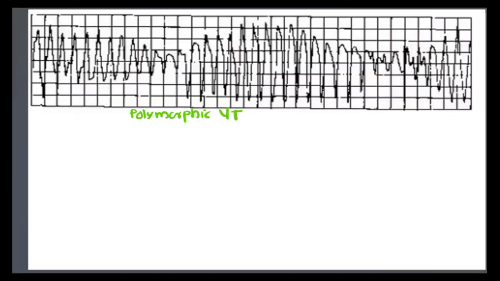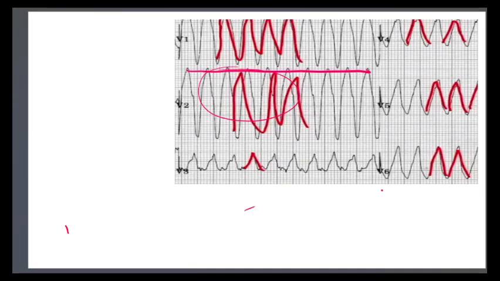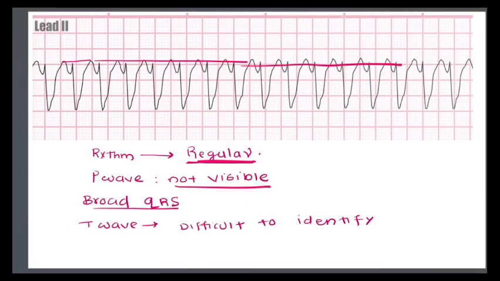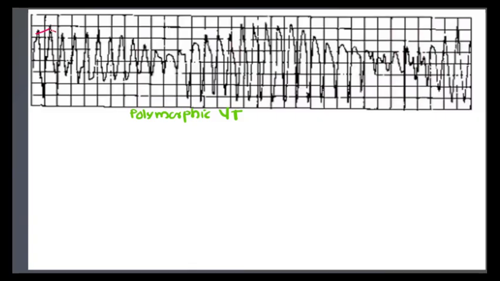Now let's see another ventricular tachycardia. It is almost the same as this, but the difference here is the amplitude. See, the amplitude is varying: it's decreasing, it's increasing, it's decreasing. And the QRS complex width is also changing here.